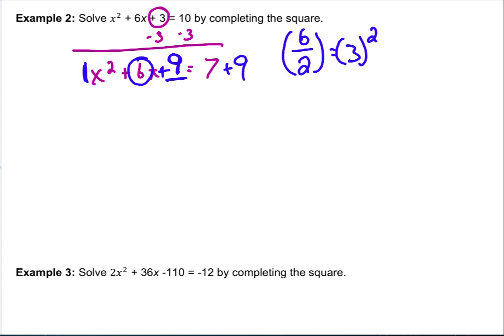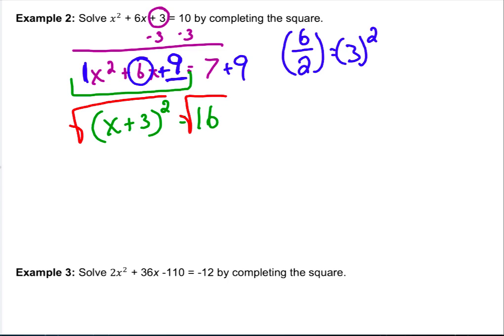Okay? So the key is I'm trying to make this into a perfect square trinomial, because now I can factor this into x plus 3 squared. On my other side, 7 plus 9 is 16. Okay. Now I can take my square root, and I get x plus 3 on this side, and over here I get plus or minus the square root of 16, which is 4.